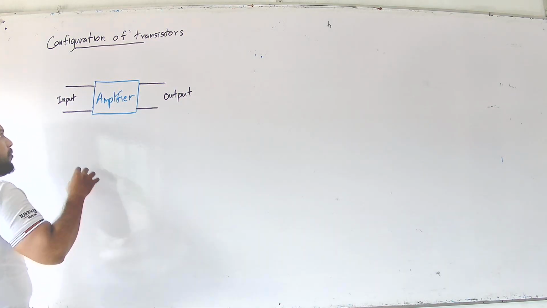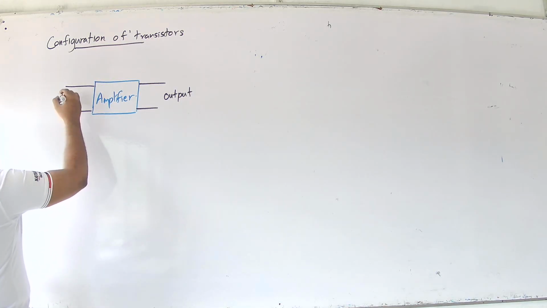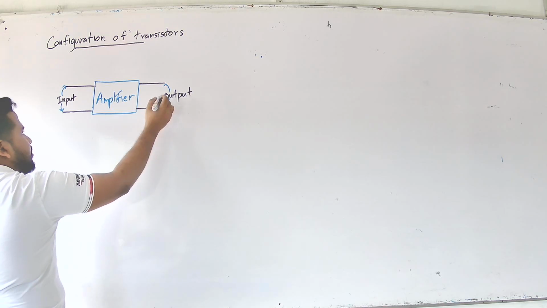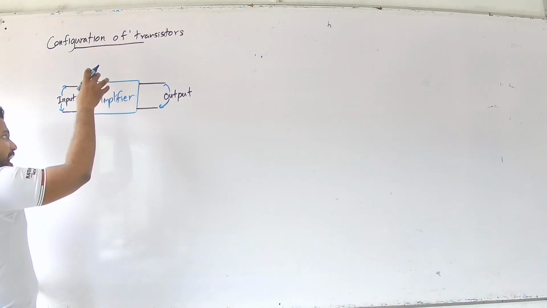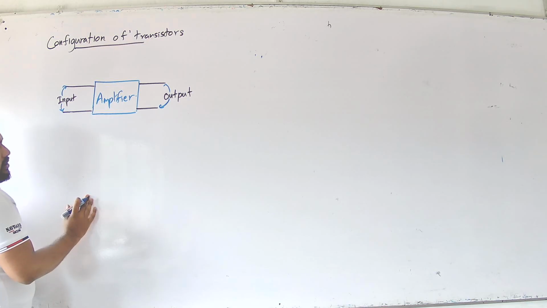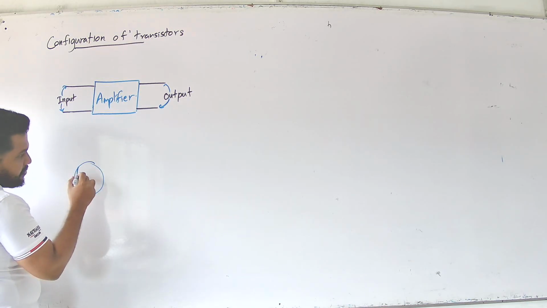So when we input the amplifier, the output comes outside. In the amplifier there is an arrangement. I told you there are three terminals.